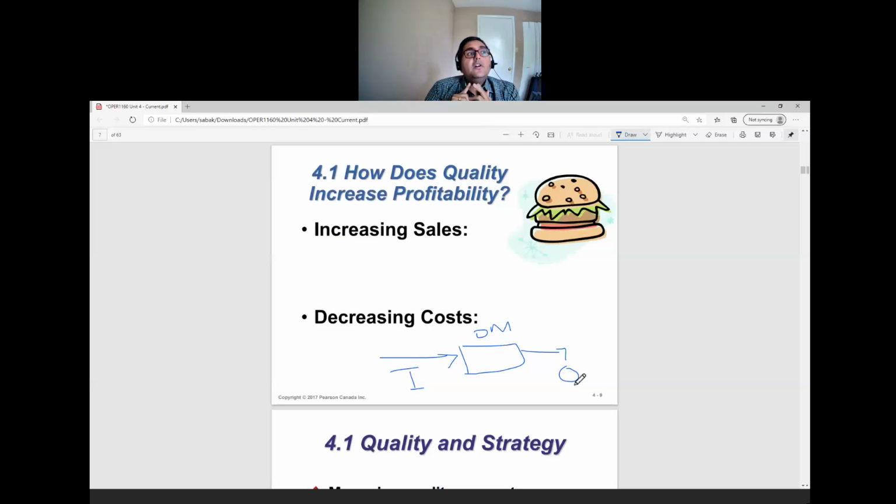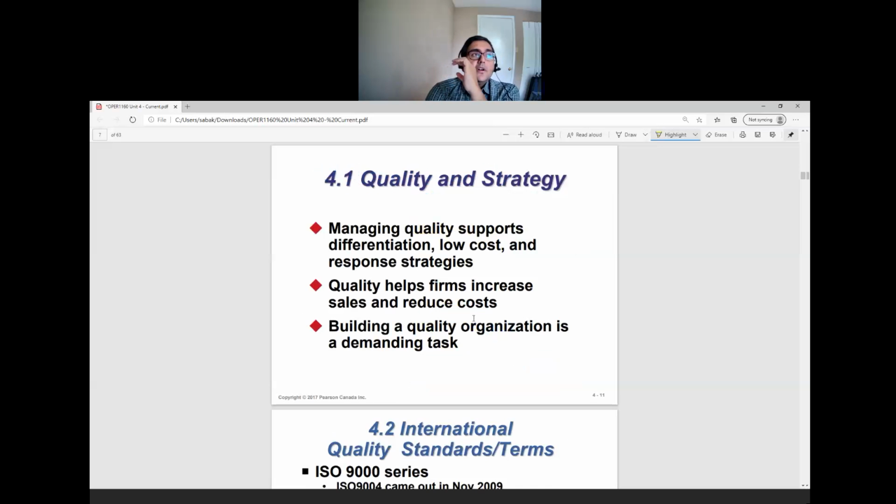So if either the revenue can increase or the expenses can reduce, both can lead to an increase in the profit. So that's how quality helps. It helps in both things, increasing sales as well as reducing the cost. Please understand this very well.